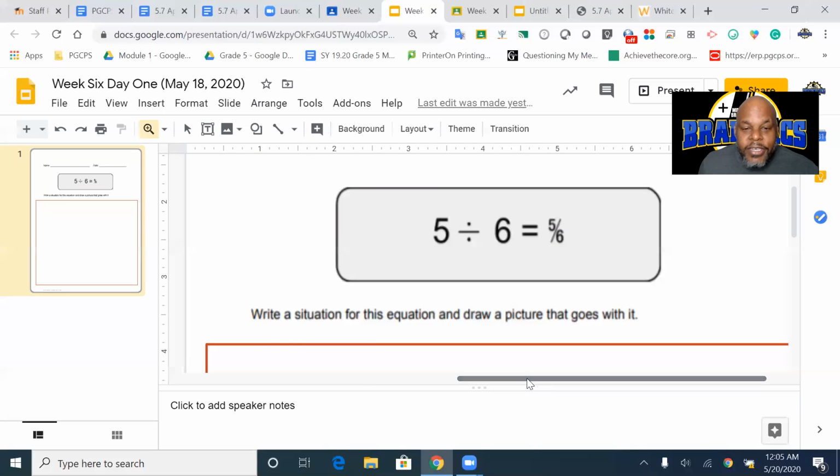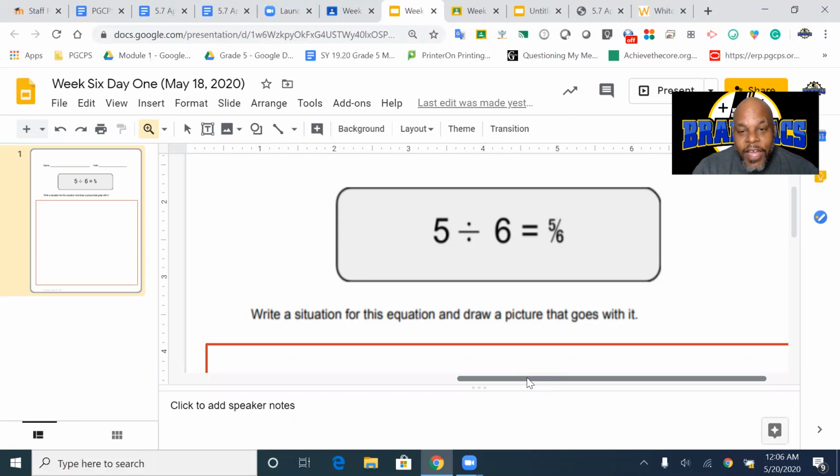And it said to write a situation for this picture, this equation, and draw a picture that goes with it. Well, I know you probably couldn't have drawn a picture, but what you could do is write the situation. And remember, a situation is simply a word problem that describes or encapsulates the elements of the equation or expression.